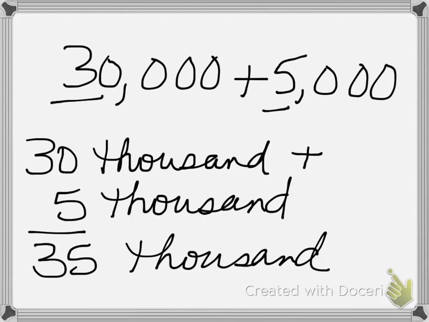So if you think in thousands, you can add these numbers a lot easier. So try to do that and think in thousands, and that'll make it easier to figure out the answer. The same thing in number 5. Think in whole thousands, and do those problems.